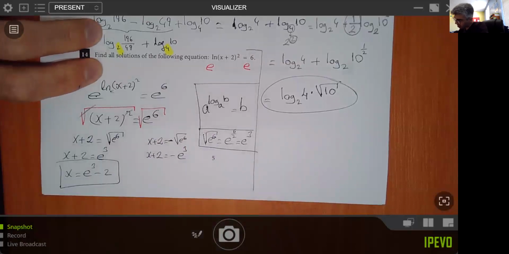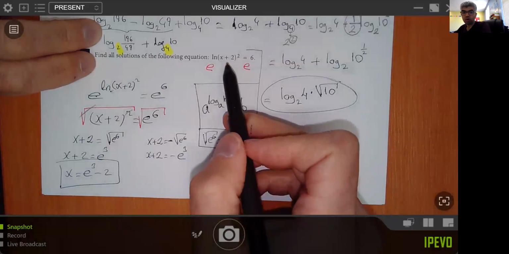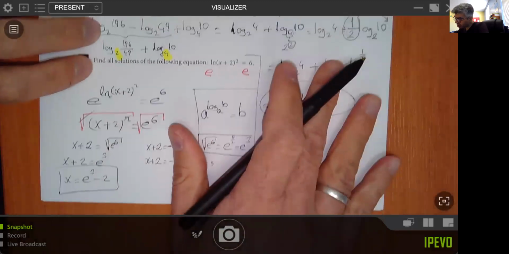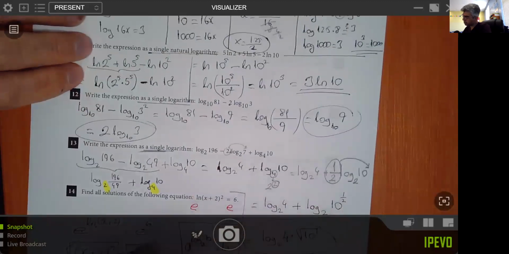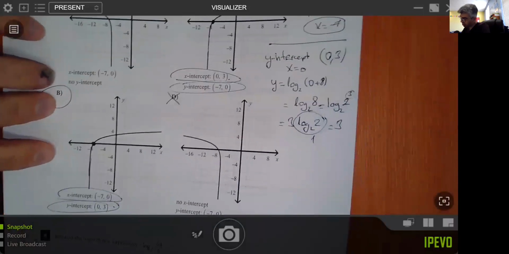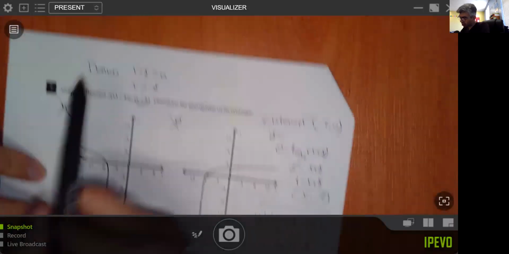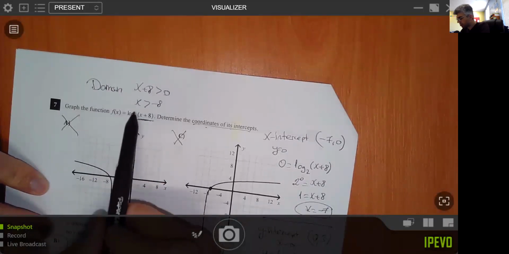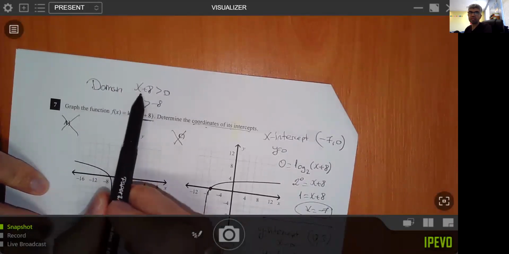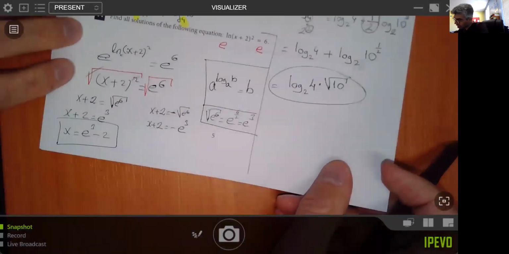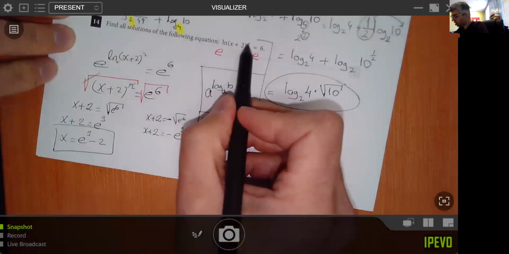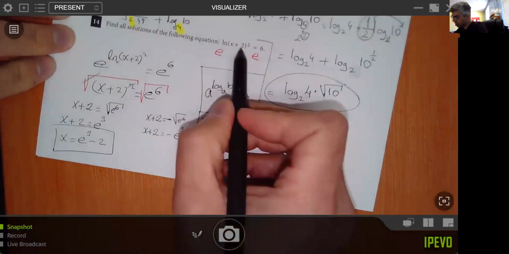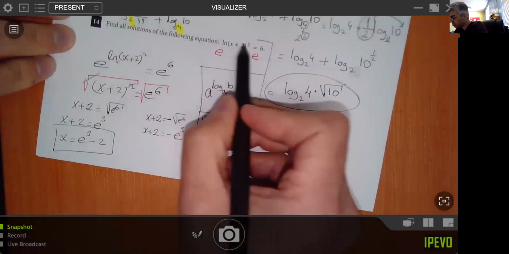Is it possible, guys? Remember the domain. Domain is important all the time. Whatever we take the log of must be greater than 0. Here we have ln (x plus 2) squared, my original function, and x plus 2 squared must be positive.